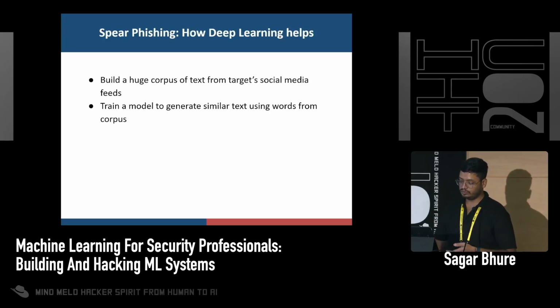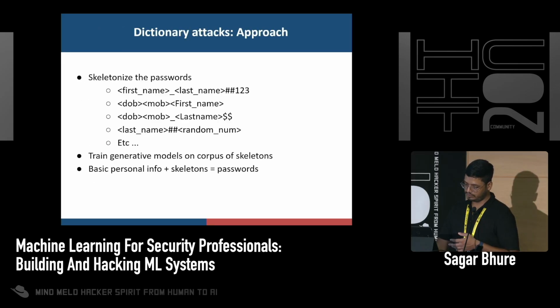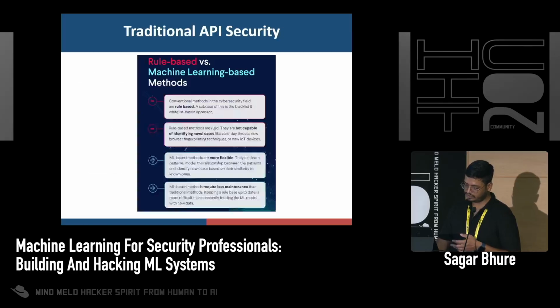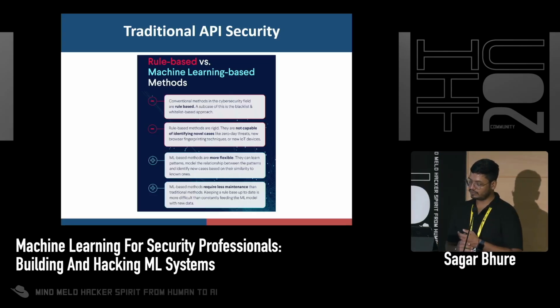You don't have to manually build a corpus of data in a text format. Okay, we are going to skip all the dictionary attack. So traditional API security, since I have been talking about rule-based engines and machine learning-based methods, in the past the security solutions were predominantly reactive.